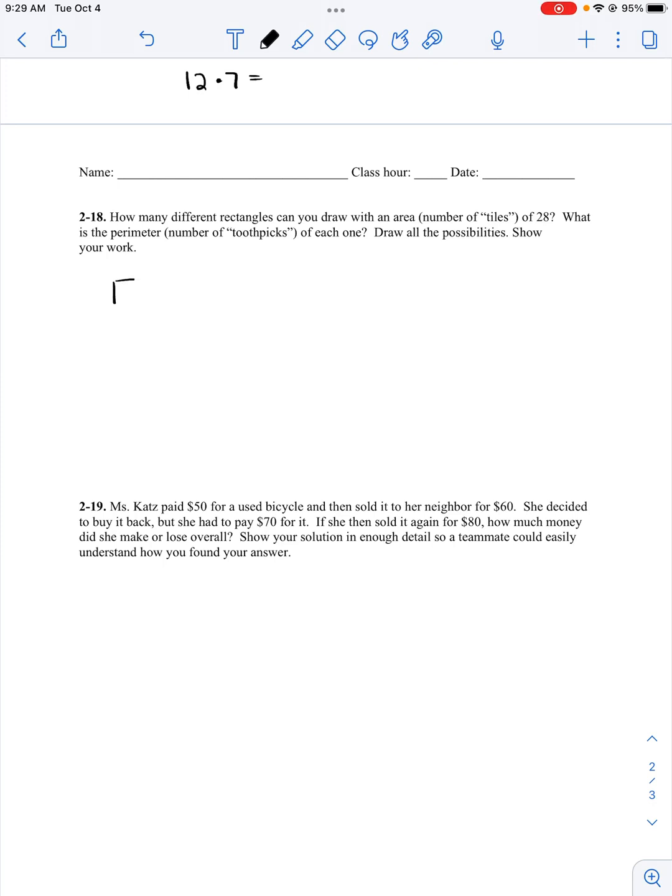Okay, so I could draw one by 28, right? And my area is 28. And my perimeter is 28 plus 28 plus 1 plus 1. So 28 plus 28 is 56. Plus 2 is 58.